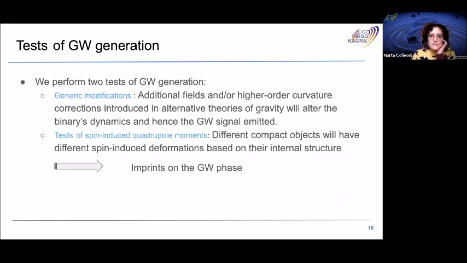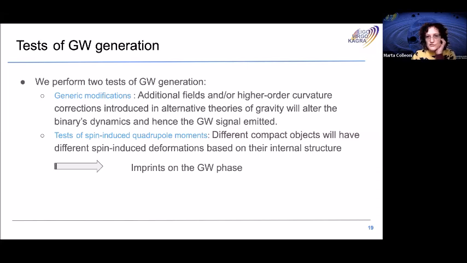We have two types of tests of gravitational wave generation. The first type looks for generic modifications to the phasing of the gravitational wave signal. These generic modifications could arise as a consequence of the presence of additional fields or higher order curvature corrections, introducing alternative theories of gravity. The second type of test is more specific and is targeting spin-induced quadrupole moments.